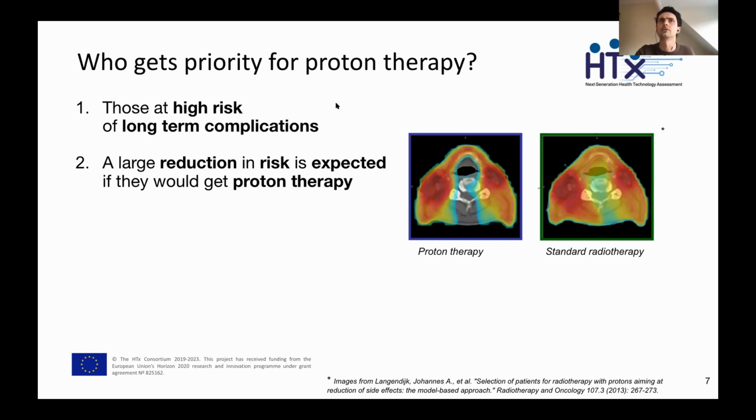The two criteria are that the patient should be at high risk for long-term complications, and the second criterion is that if they would use proton therapy, they are expected to have a much lower risk of complications. So they have an expected benefit of proton therapy in terms of complications.